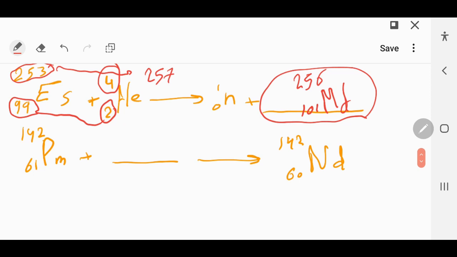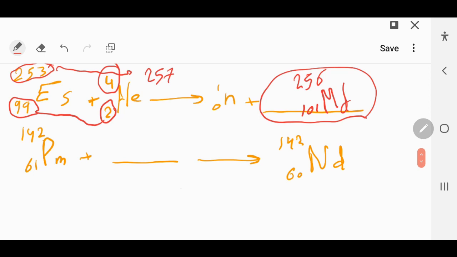And the other equation, what do you think we should fill in the blank here? Look at the atomic number: it has changed, it decreases, and the atomic mass stays the same. So what do you think we have here?